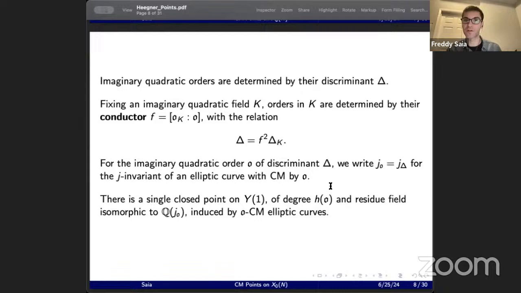But you can have imaginary quadratic fields of arbitrarily big class number. Those geometric points are giving you a single closed point on Y of 1. And then to get points on a general modular curve, you're just taking fibers over the natural modular maps.